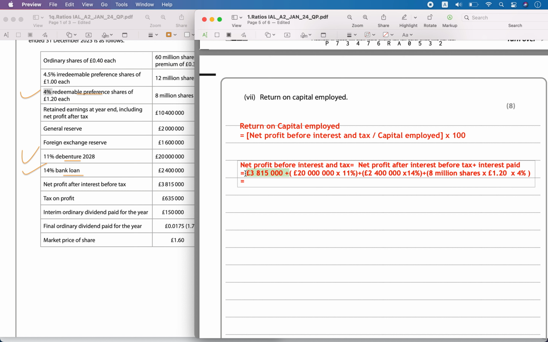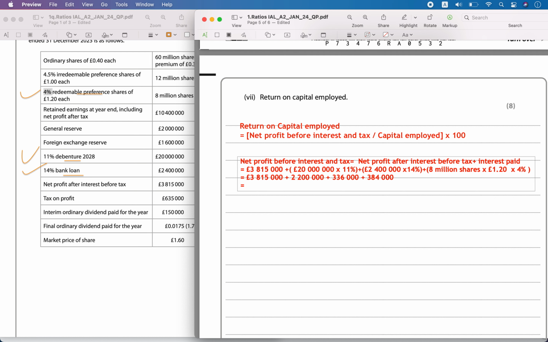So, that is going to be equal to 200,000 plus 14% of 400,000, which is 336,000, plus 8 million into 1.2 into 4%, which is 384,000.